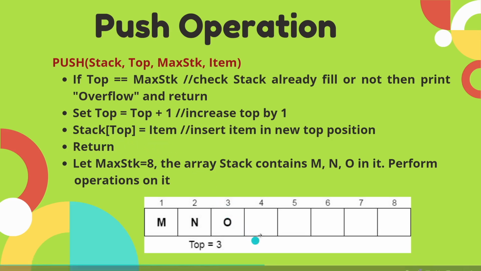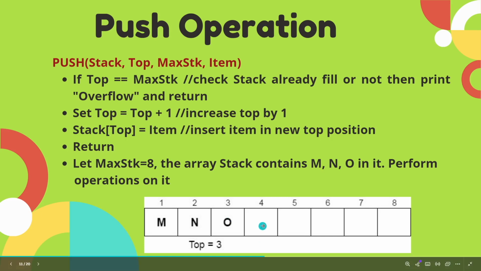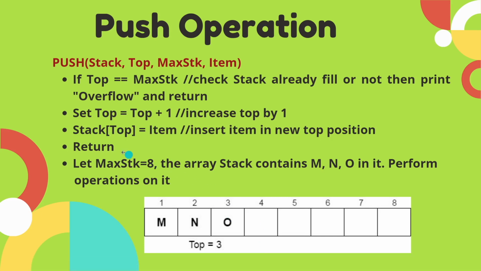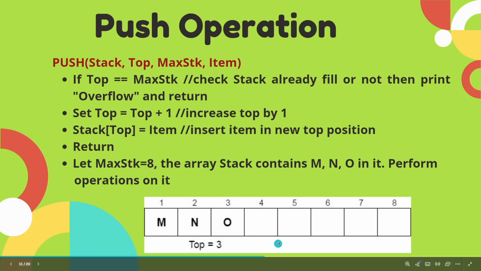So, the new element is added to the 4th position in this array, and finally it returns. We can keep on adding elements to this stack till we reach the maximum limit of 8, after which insertion is not possible as we have used an array implementation for the stack.